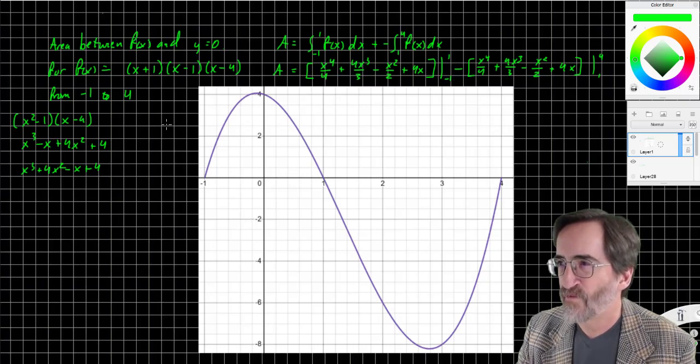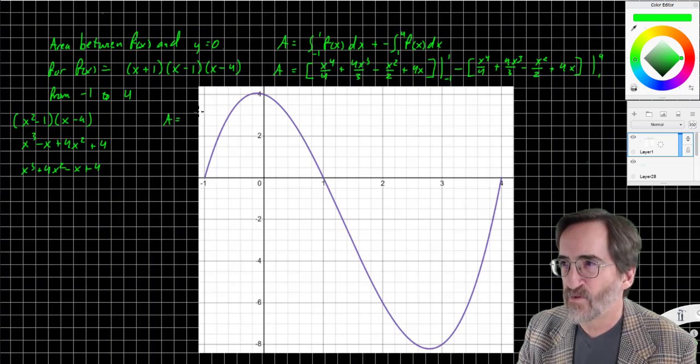All right. So the next step would look like, and I'm just going to write it over the graph, A equals 1 to the 4th over 4, which is 1/4, plus 4 times 1 to the 3rd over 3, which is 4/3, minus 1 over 2, plus 4, minus, now I'm going to insert -1.